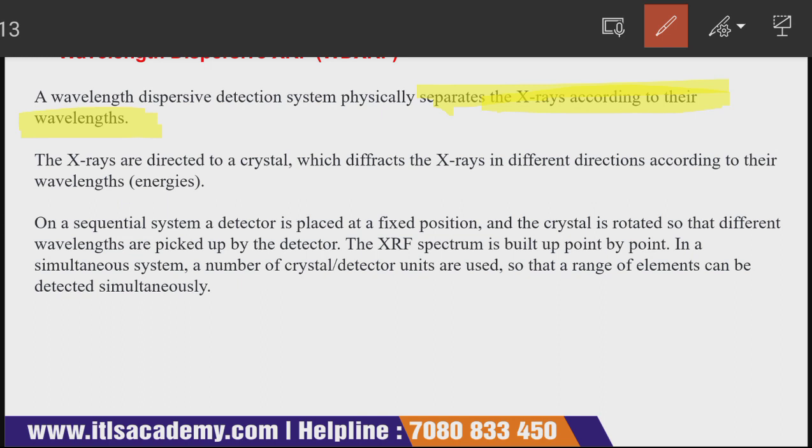The detector is placed at a fixed position and the crystal is rotated so that the different wavelengths are picked up by the detector. Now comes the point that the X-ray spectrum is built up point by point in a sequential system, sorry, a simultaneous system.